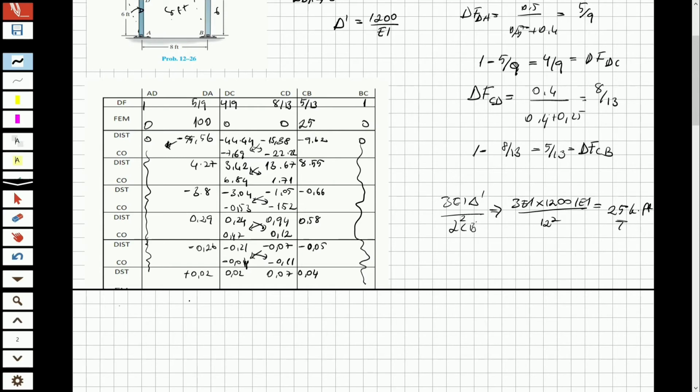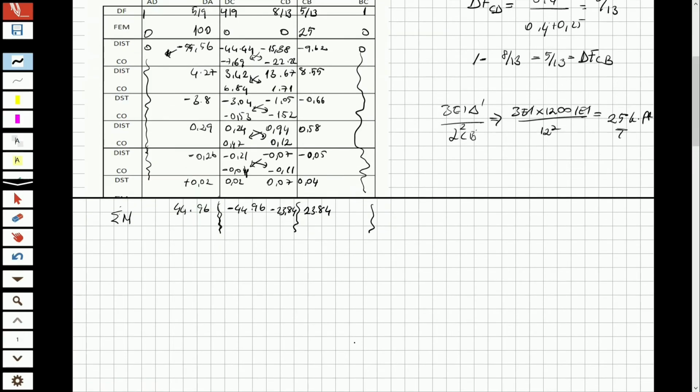I'm going to write the total moments here. They will be equal to 44.96 and minus 44.96 and minus 23.84 and 23.84. Okay, these are the moments that I obtain.